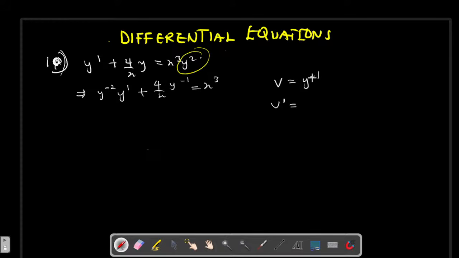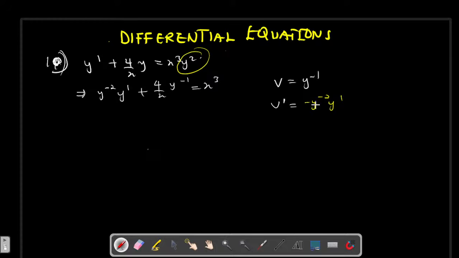So when I differentiate this, I get negative y to the power negative 2 y prime. Please, whenever you are differentiating with respect to y, you add your y prime. So here you can make a nice substitution. In my equation, you realize that I have y to the power negative 2 multiplying y prime.